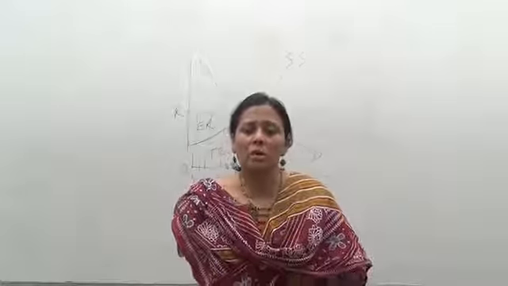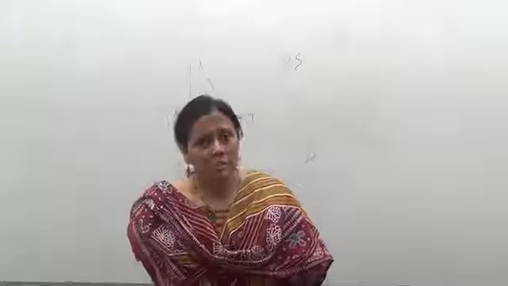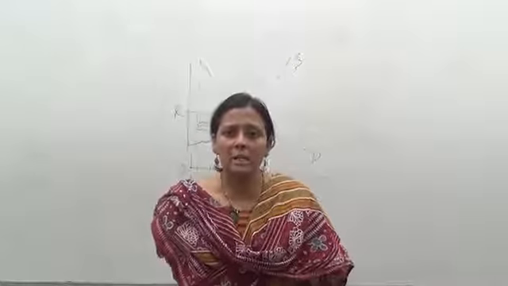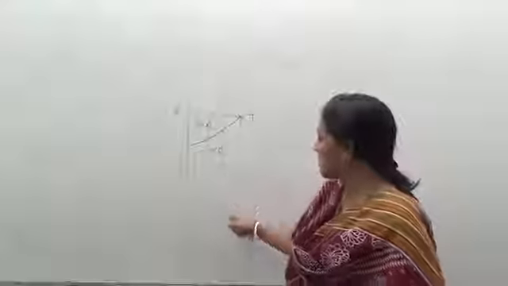Now when we talk about economic rent, as I was telling, it is the present earning minus the transfer earning, and whatever is left back is called the economic rent. If we take up a simple example, consider the supply of the resources to be perfectly inelastic.